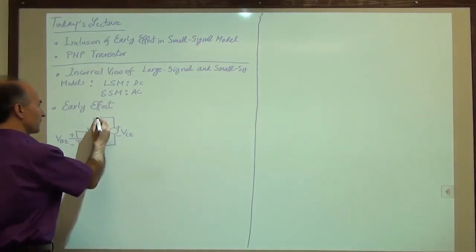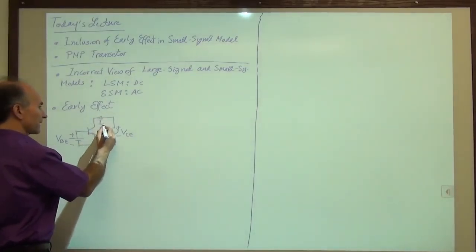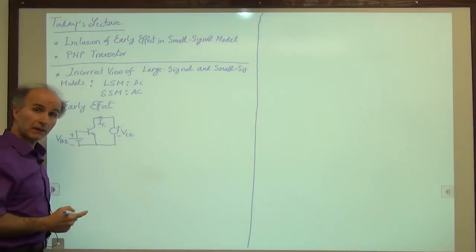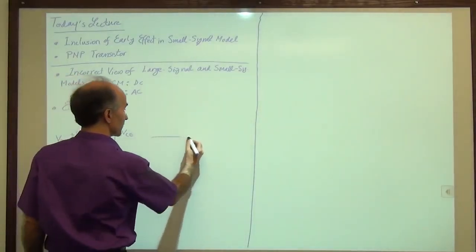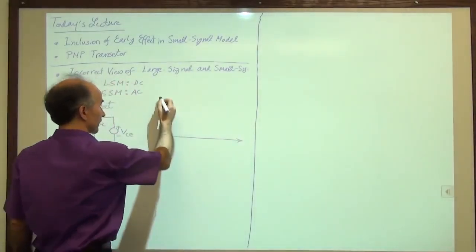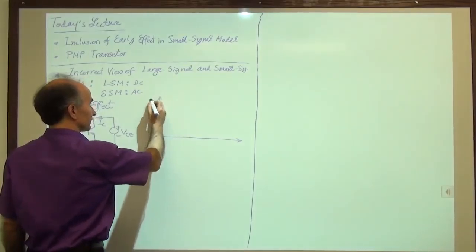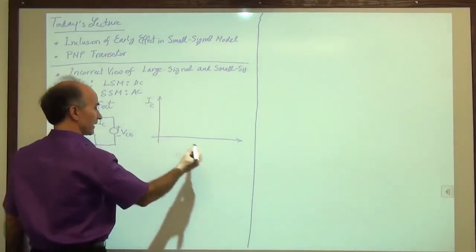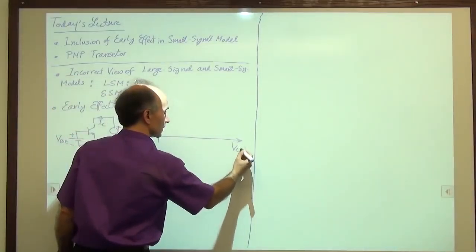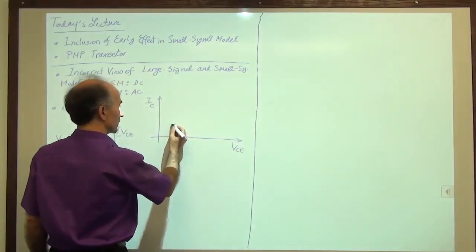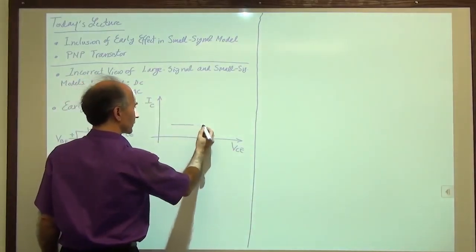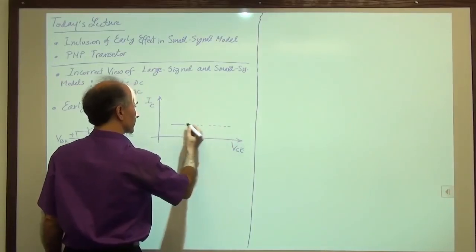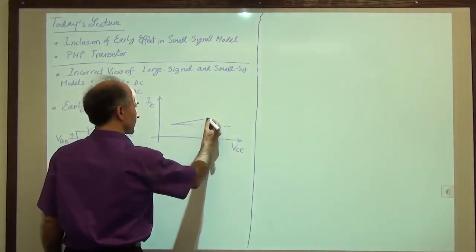And when we examine the collector current as a function of this VCE, we see that the current is not quite constant and it has some variation. Ideally this is what we would like to have, but in practice this is what we see.